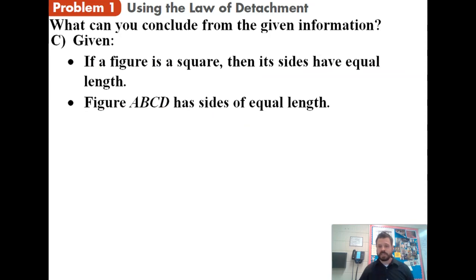All right, so C then must not work, because I said one will work, one won't. Let's take a look at why. We have if a figure is a square, then its sides have equal length. And figure ABCD has sides of equal length. That does not satisfy my hypothesis. It matches the conclusion, but not the hypothesis. And with conditional statements, I can't go backwards.